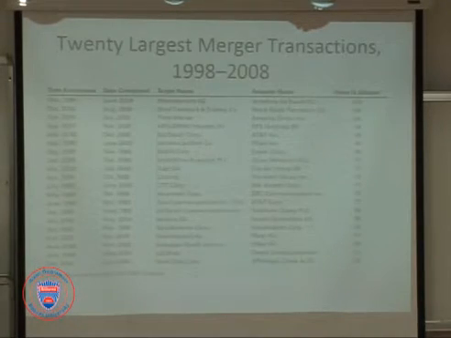Here are a couple of mergers from the 1998 to 2008 period. The most expensive one was valued at $203 billion, when Vodafone bought Mannesmann. Then Royal Dutch bought Shell for $185 billion. So we're talking about a ridiculous amount of money. When you look at 2003 numbers, even the biggest transaction was not as much as this one. These are pretty important deals we see in the market.